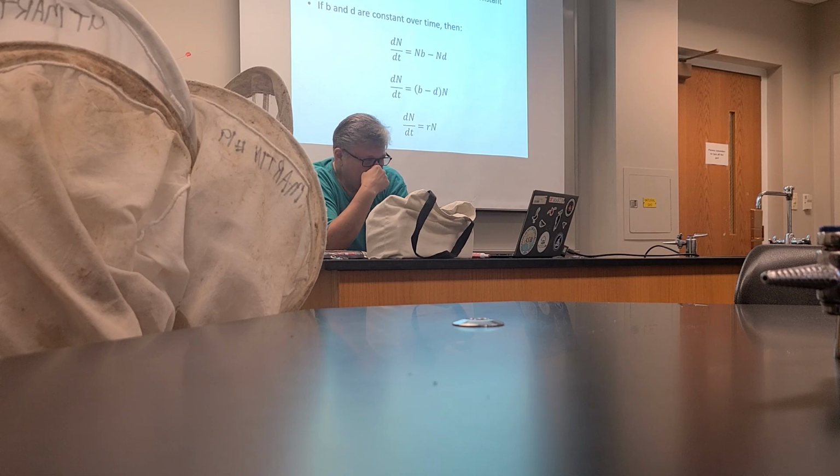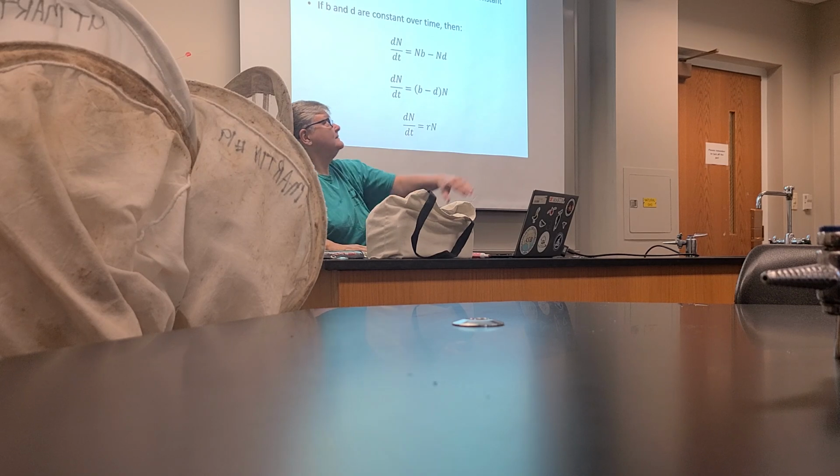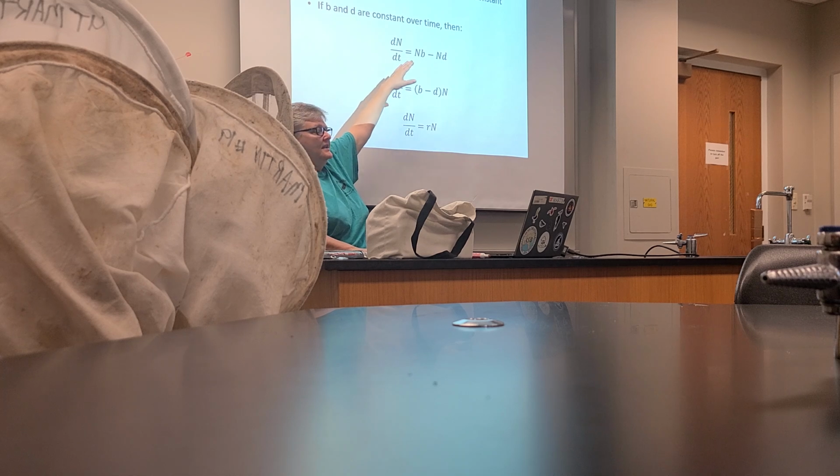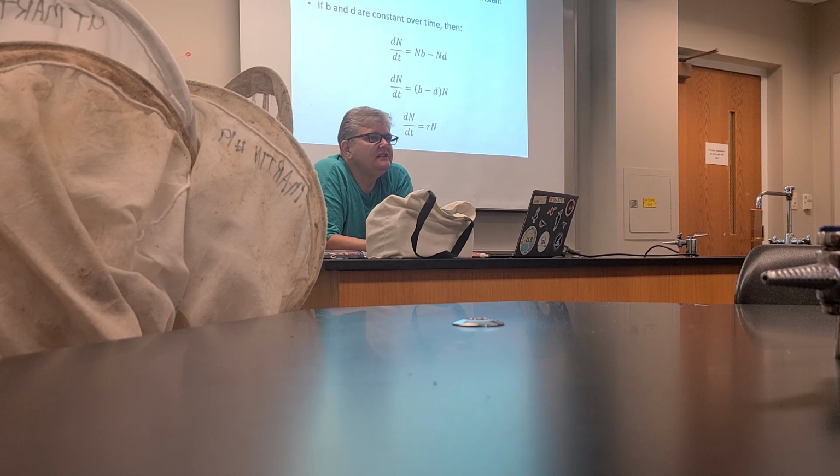All right, since our birth rate and our death rate are constant, we can say that our change in population size over time equals the number of individuals we have times our birth rate minus the number of individuals we have times our death rate. So why are we taking our population size times our birth rate and our population size times our death rate?